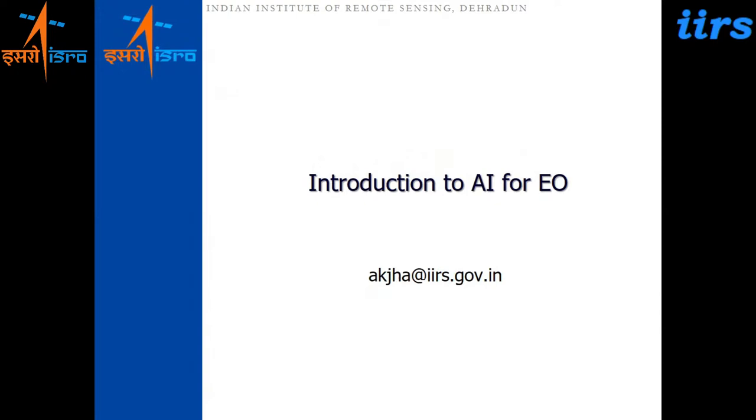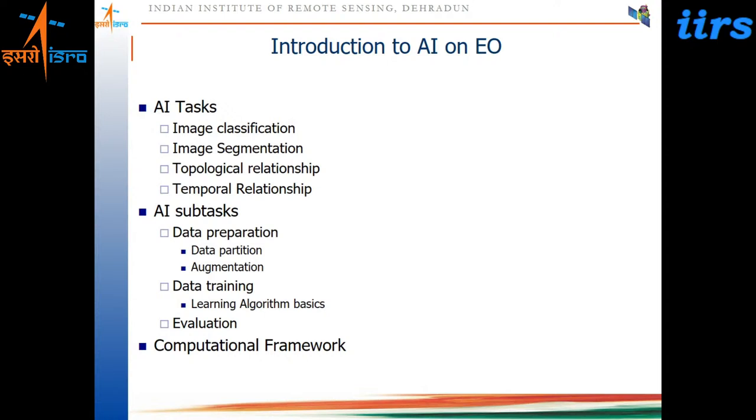Okay, so if you see in case of Earth observations, there are multiple tasks which are required to be identified. We are just listing 4 of them, but there are other tasks as well.